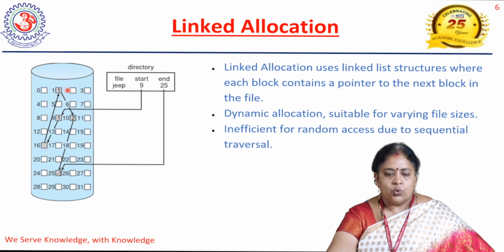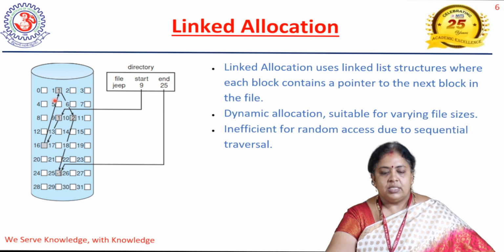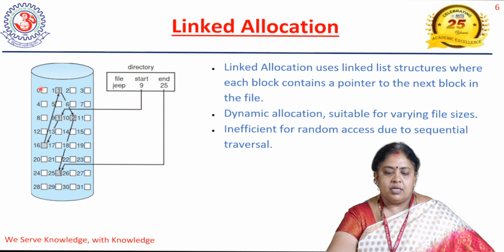Then we can store the third block in the first block, then the fourth block in the 11th block. Like that we can store. Every block is linked to another block. So there is no need to worry about the free blocks available. Wherever a free block is available, we can store the file and make the link.